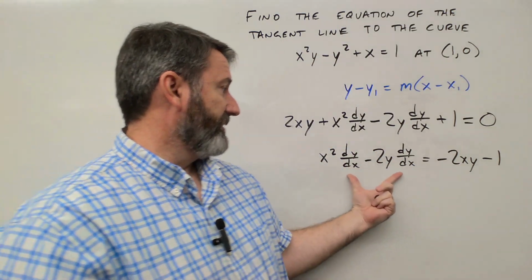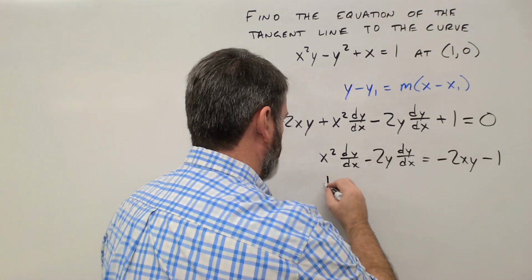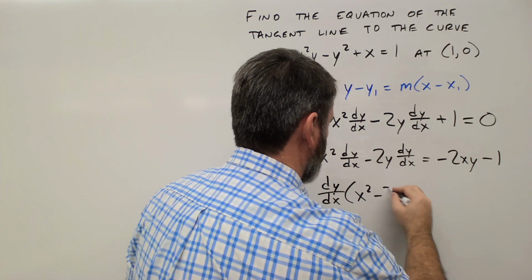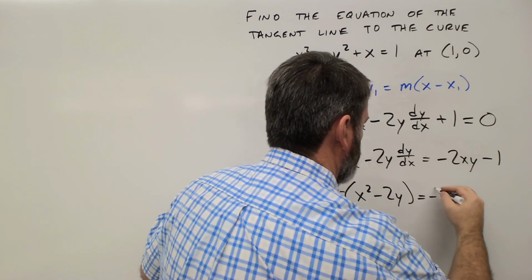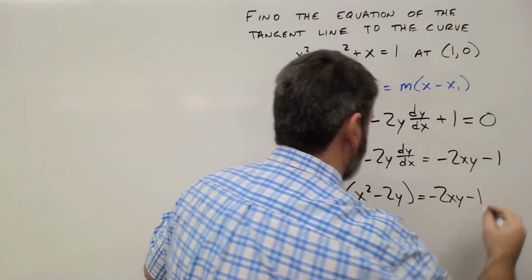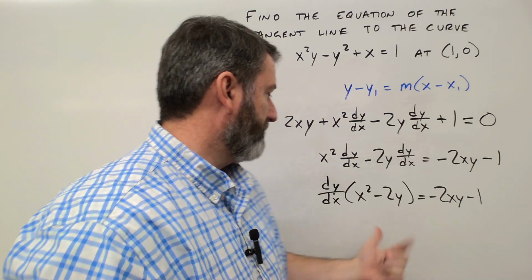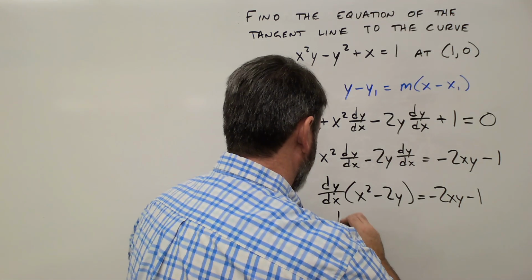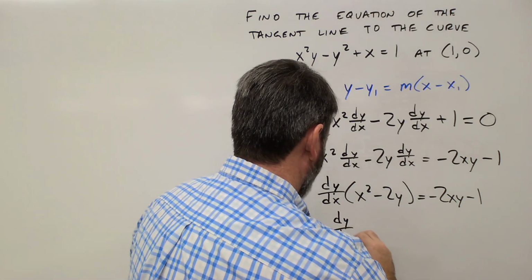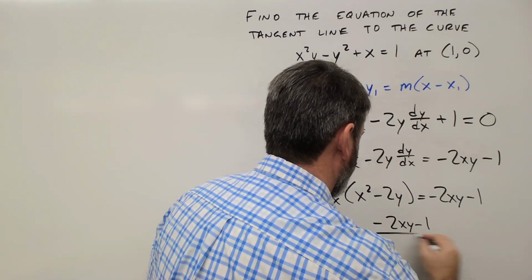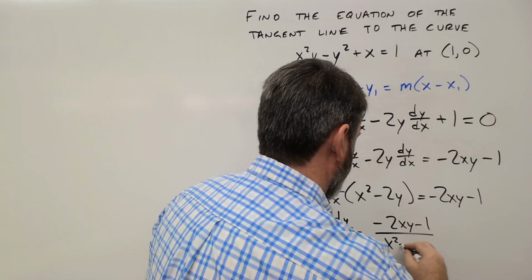Now we'll factor dy over dx out of both of these terms. And then we'll get dy over dx by itself by dividing by x squared minus 2y. So we get dy over dx is equal to negative 2xy minus 1 divided by x squared minus 2y.